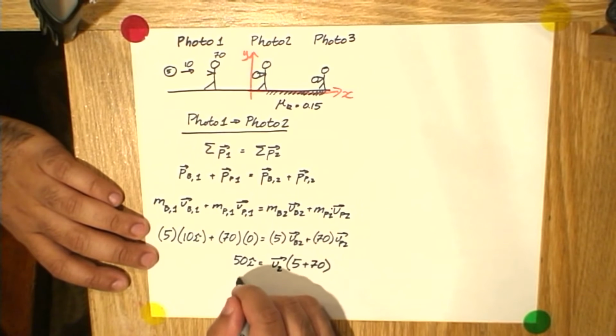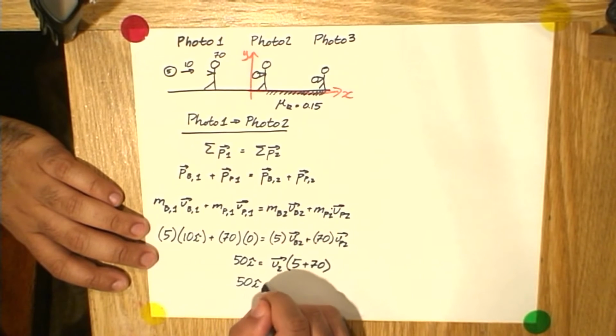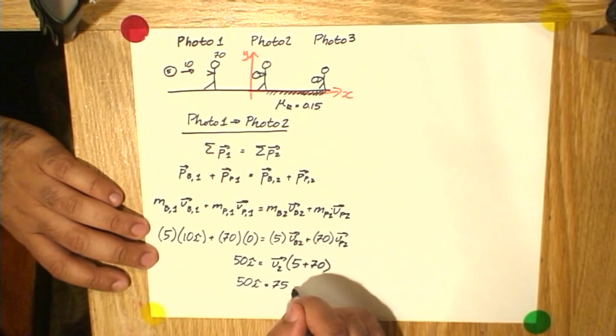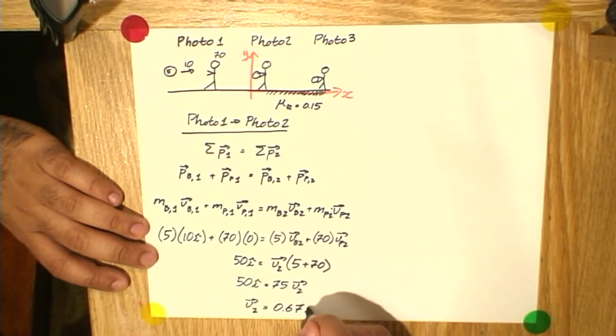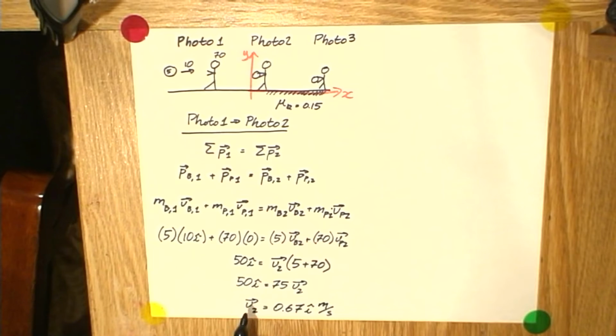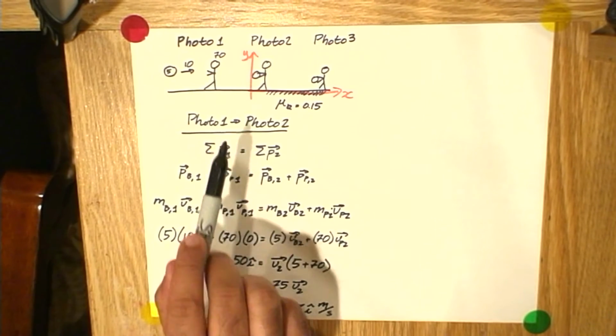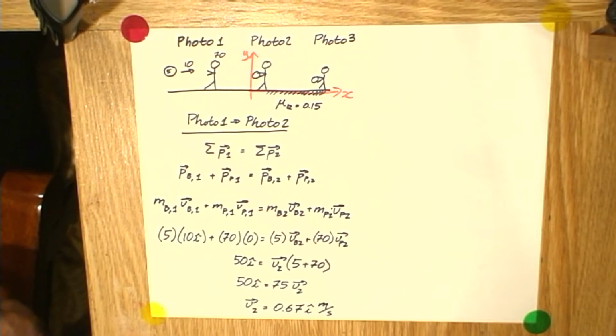So this simplifies to 50 i hat equals 75 times V2, and therefore V2 is equal to 50 divided by 75, which is 0.67 i hat meters per second. So this is the velocity of the person just when they catch the ball.